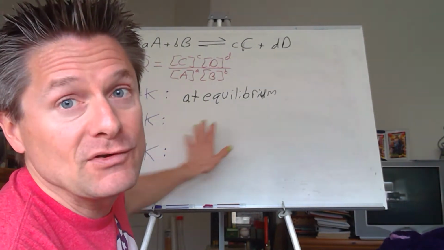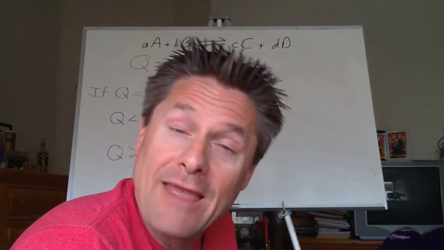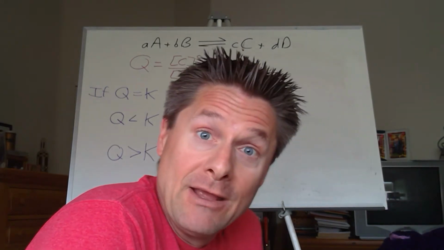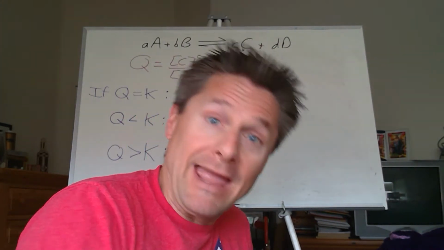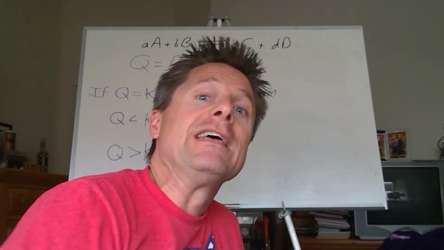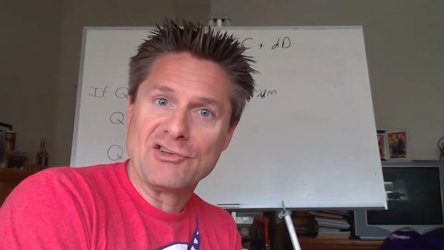All right, well, let's say Q's smaller than K. What does that mean? Well, Q wants to be K. The driving force is for Q to be K. So if Q is smaller than K, it wants to get bigger and become K. That reaction is going to shift so that Q gets larger until it equals K, and then we're at equilibrium, and then we have constant concentrations at that point.